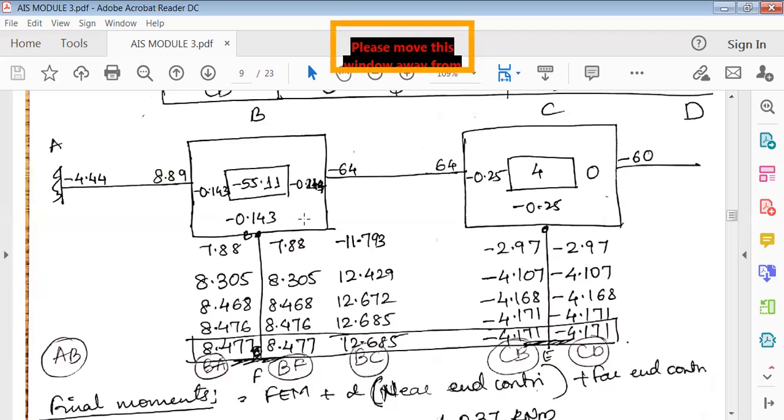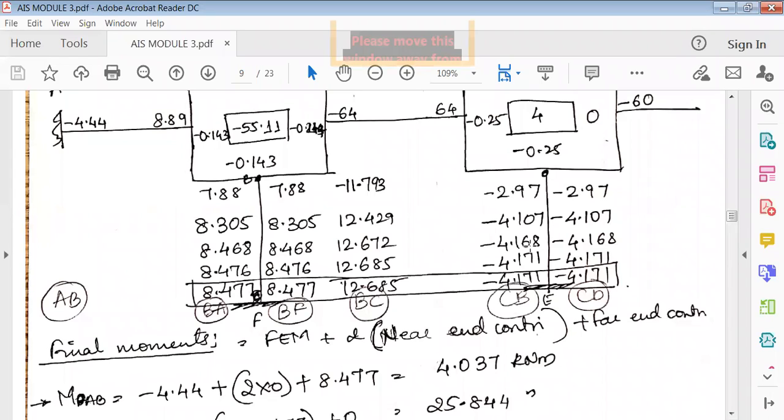Okay, 7.88 into, so this is the first one, this is 7.88 which connects here. Next is 4 plus 7.8 into minus 0.25. So whatever exists here, write it in this portion. Whatever answer you get, you write it to the right side of this. Okay.